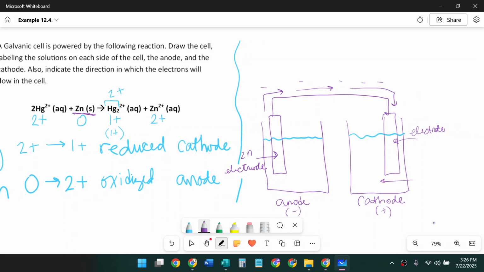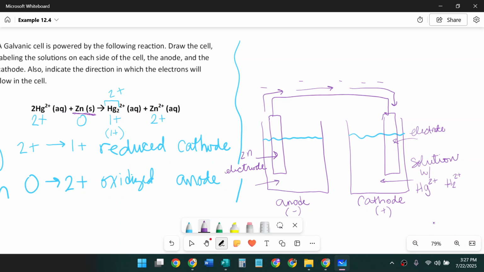We can label this as the solution that contains the Hg2+ and also the Hg2 2+. The ones that are there at the beginning, the ones that have a 2+ charge, and the ones that as they receive an electron, they individually end up with just a 1+ charge and then come together, I guess. And so that's that solution.